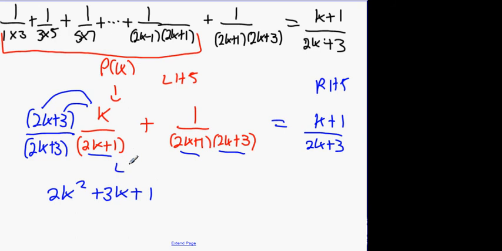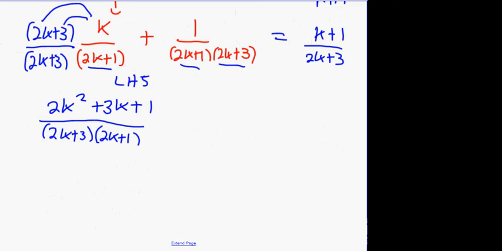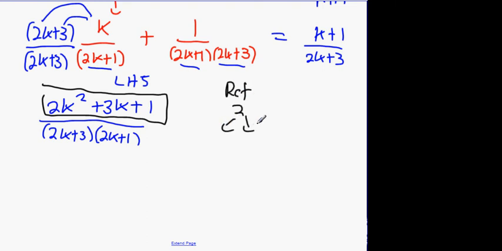This is all the left hand side at the moment, all divided by 2k plus 3 into 2k plus 1. We're going to factorize this part here. The reference number of 2 breaks up into 2 and 1.